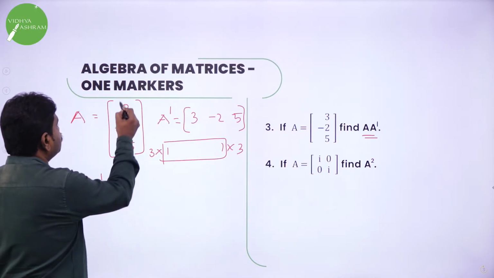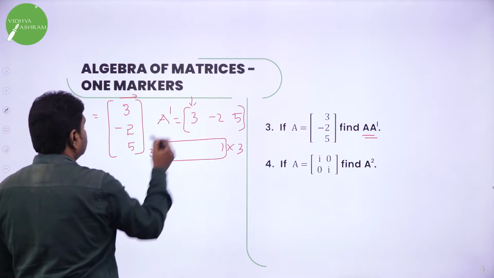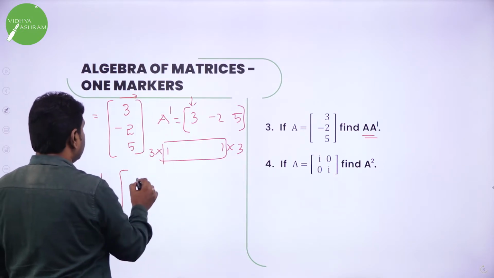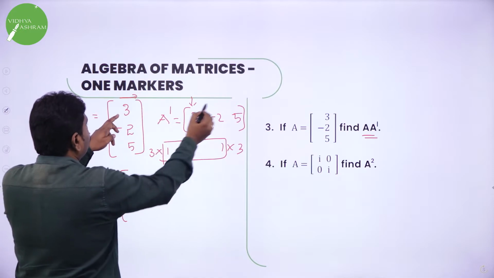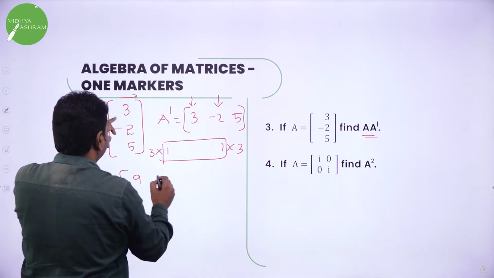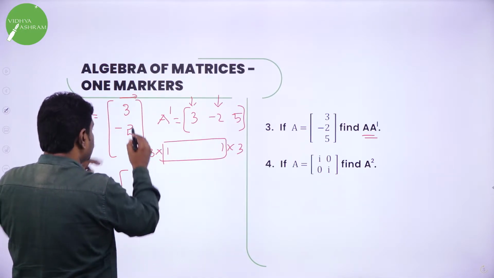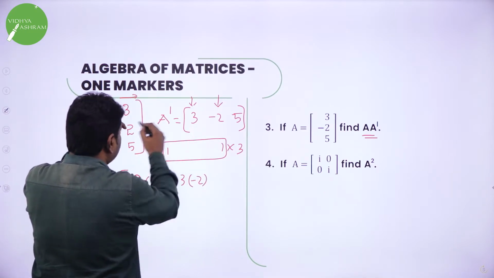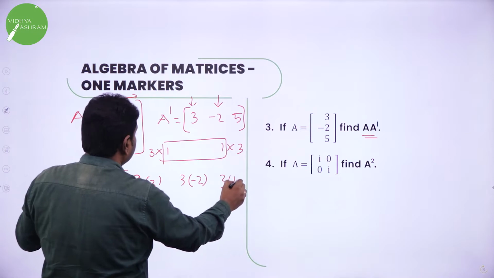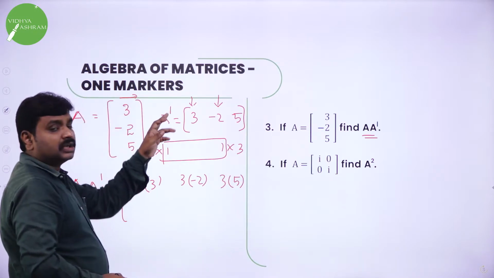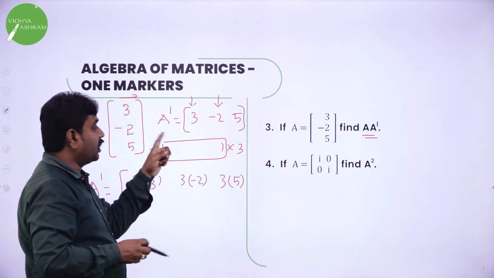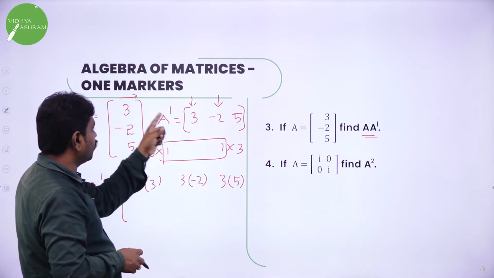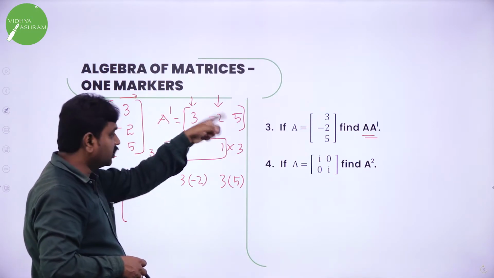So, now how to multiply? First row with first column, that is 3 into 3 is 9. Then first row with second column, 3 into minus 2. I will write in 2 steps: 3 into 3, then 3 into minus 2, and first row with third column, 3 into 5. You should not add, because one row with one column is a single product.